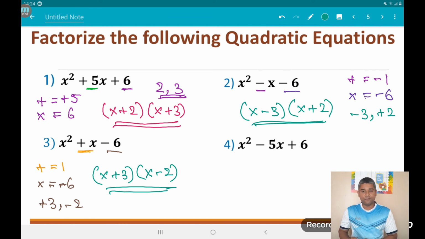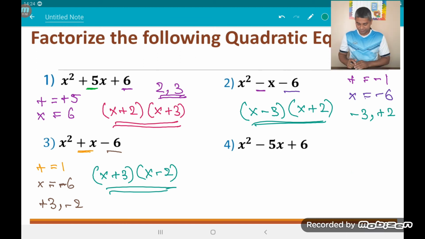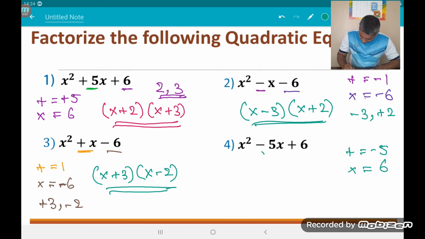Can you do it yourself? Did you get the answer for this one? So when you add, we should be getting minus 5. When you multiply, we should be getting 6. Yes? So minus 5 is the coefficient of x, that's the sum, and the product should be 6.